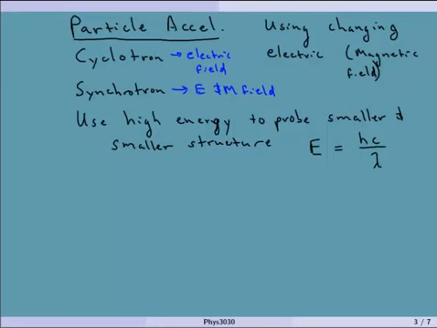But the gist is that the energy is on the top and the wavelength is on the bottom. So as the energy goes up, the wavelength goes down, and a small wavelength allows you to look at small things, because the length of the wavelength is what I can probe.